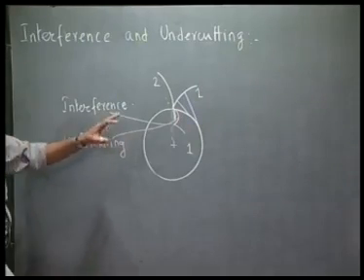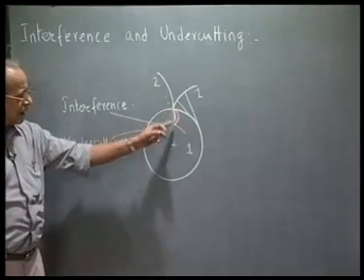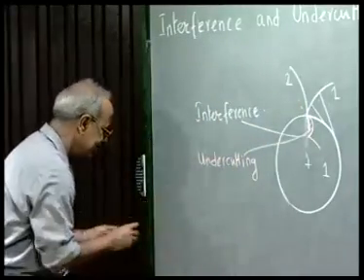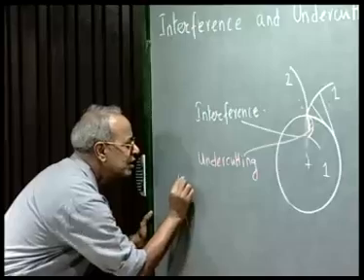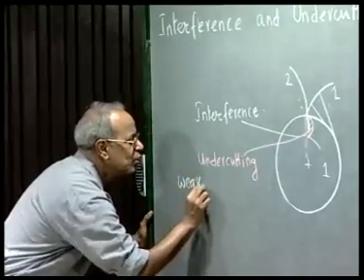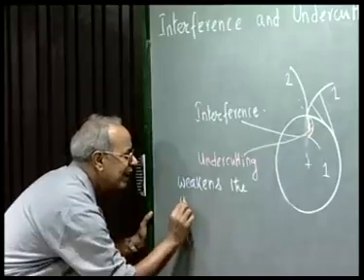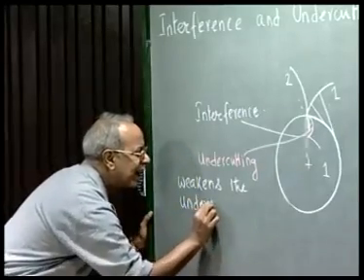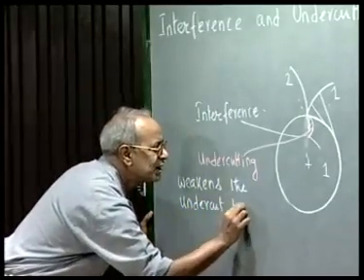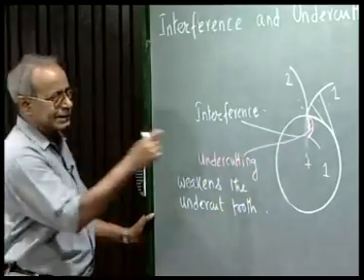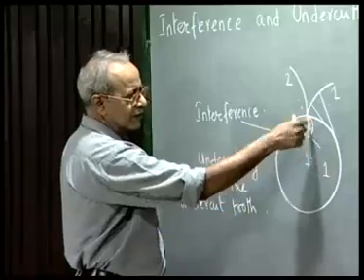But this is not a very satisfactory solution because this undercutting weakens the tooth of gear 1. Undercutting weakens the undercut tooth. And it is here at the root of the tooth where failure takes place.